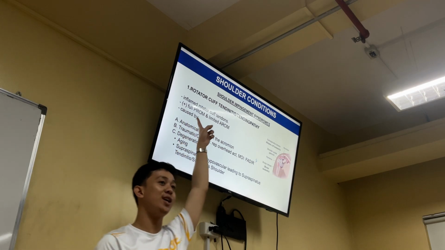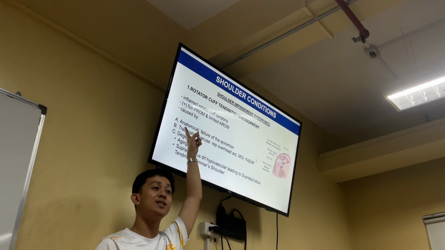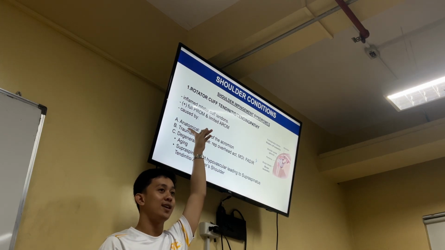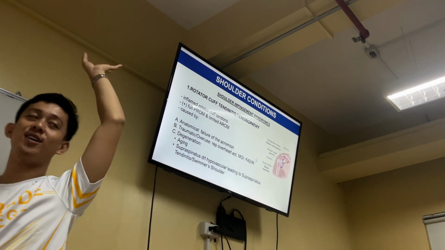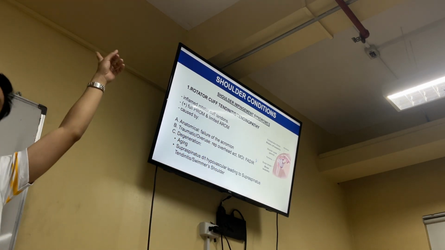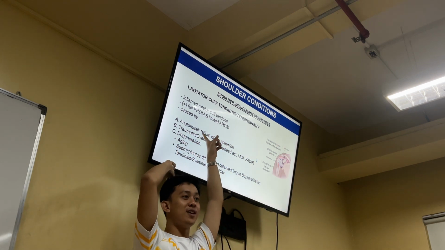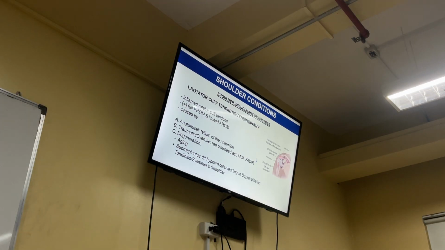That's why in rotator cuff tendinitis, what condition can you give as a differential diagnosis? You can give adhesive capsulitis as the differential diagnosis. What makes them different? When you discuss adhesive capsulitis here, you can mention rotator cuff tendinitis under your differential diagnosis.